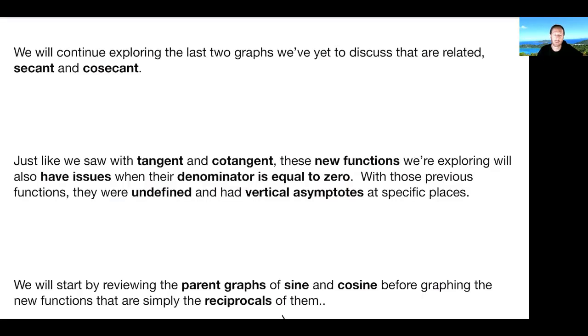So as I mentioned, we're going to start by looking at the last two that we have yet to discuss, and that is secant and cosecant. Simply the reciprocal functions of sine and cosine. So remember, secant of an angle is equal to the reciprocal of cosine of that angle.